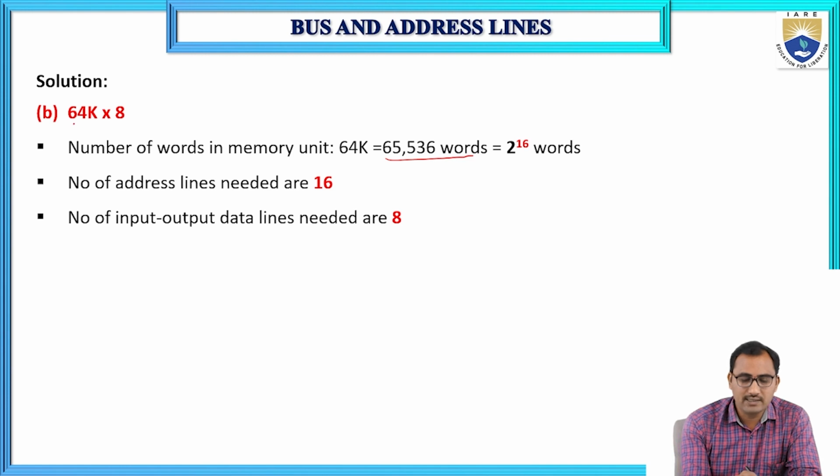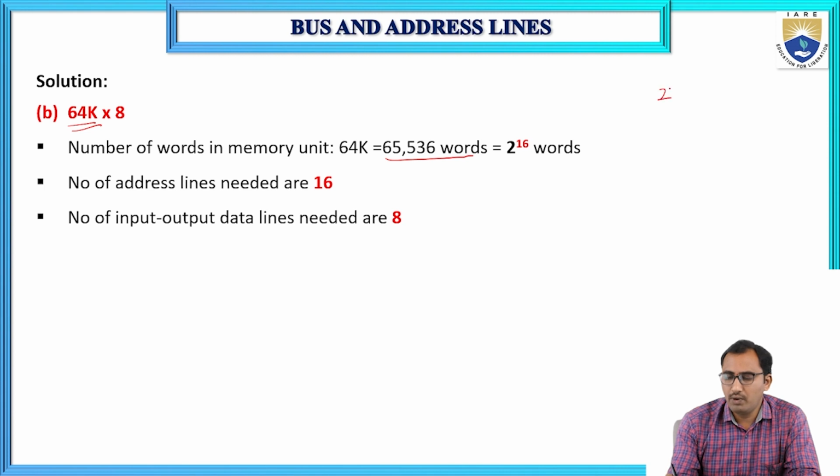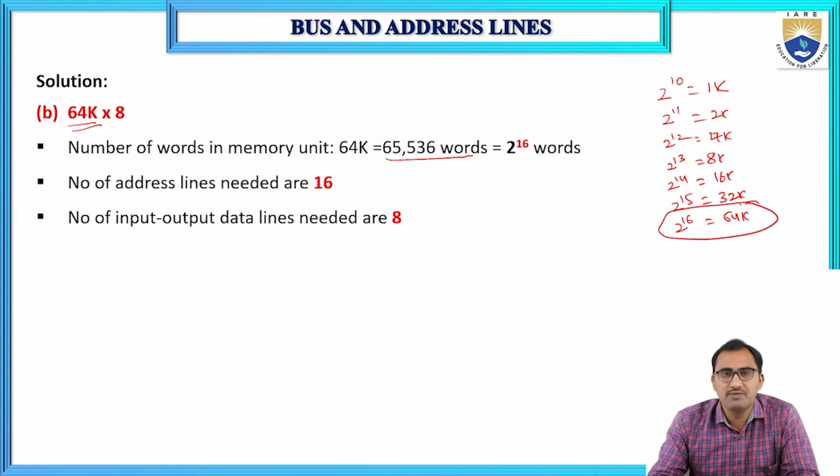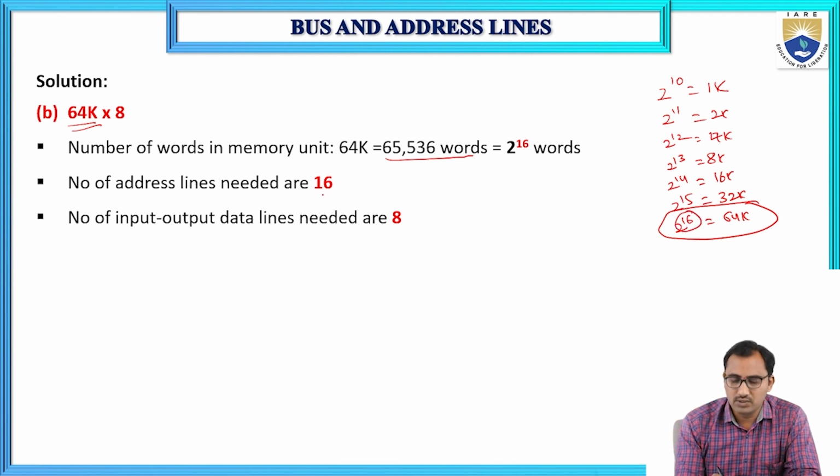In order to access this 64K, we require 16 address lines, because 2 power 10 is 1 kilobyte, 2 power 11 is 2K, 2 power 12 is 4K, 2 power 13 is 8K, 2 power 14 is 16K, 2 power 15 is 32 kilobytes, and 2 power 16 is 64 kilobytes. So 16 address lines are required to access 64K.